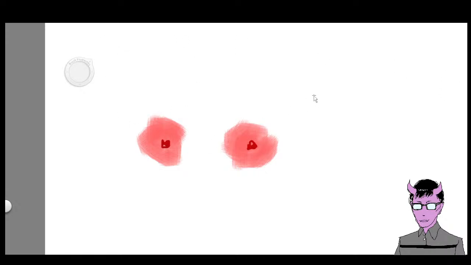So when we have atom number 1 next to atom number 2, sometimes, depending on what the atoms are, what ends up happening is the cloud of atom number 1 could get sucked by atom number 2.